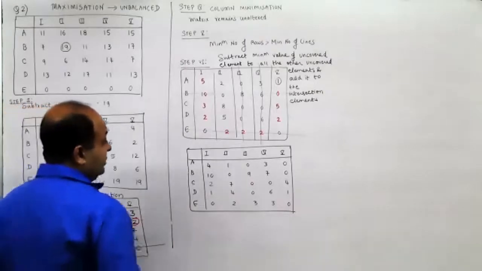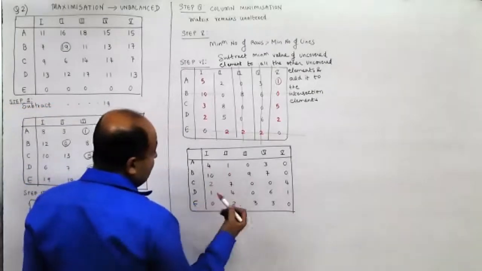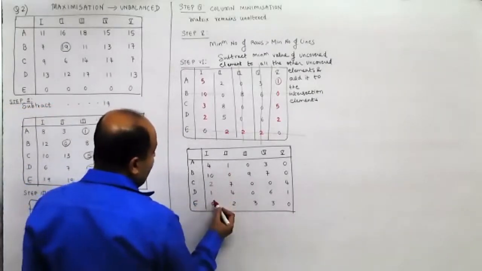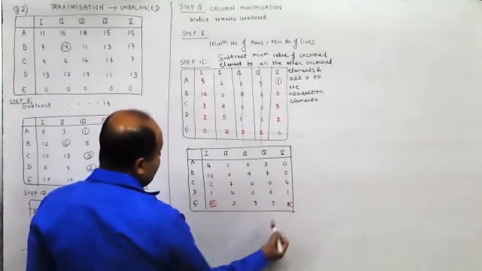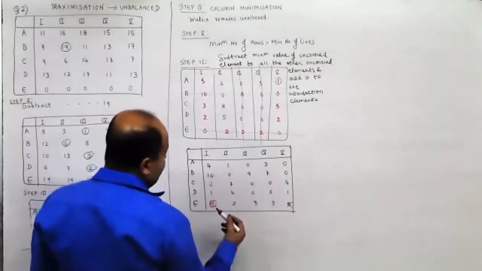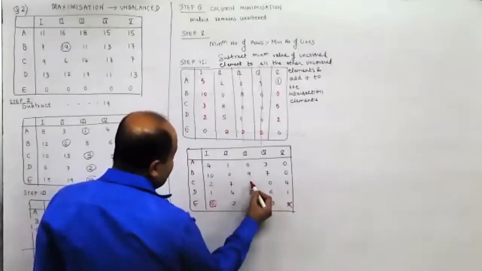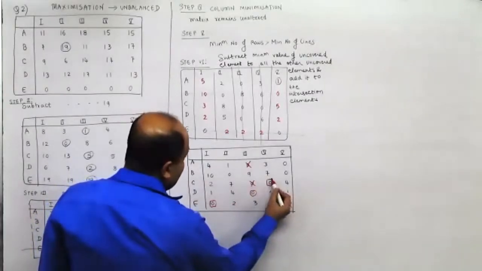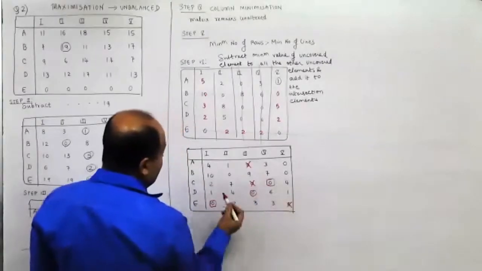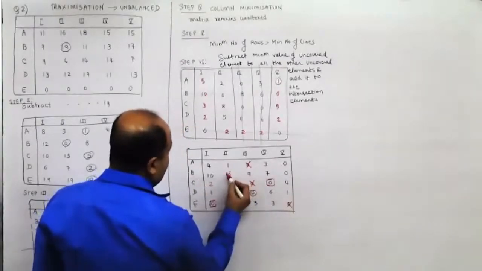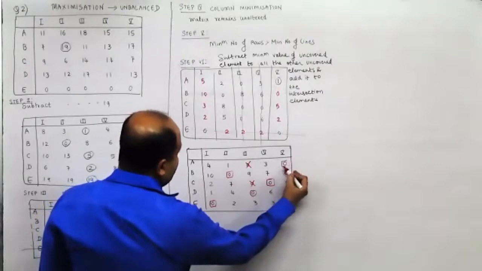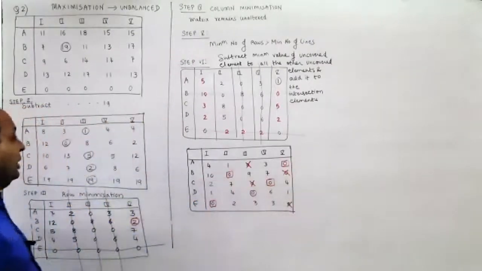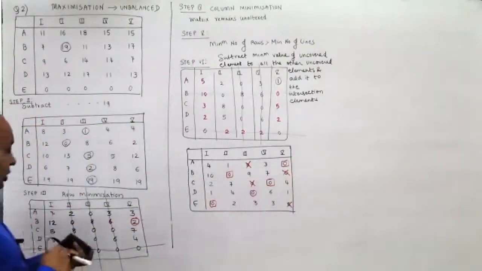So what we'll do is we'll first consider those rows or columns which have only one 0. One 0 here, this gets cancelled. Another one 0 here, this gets cancelled, this gets cancelled. One 0 here, then nothing to be cancelled. One 0 here, this gets cancelled. Yes, that means minimum number of lines is equal to number of rows.